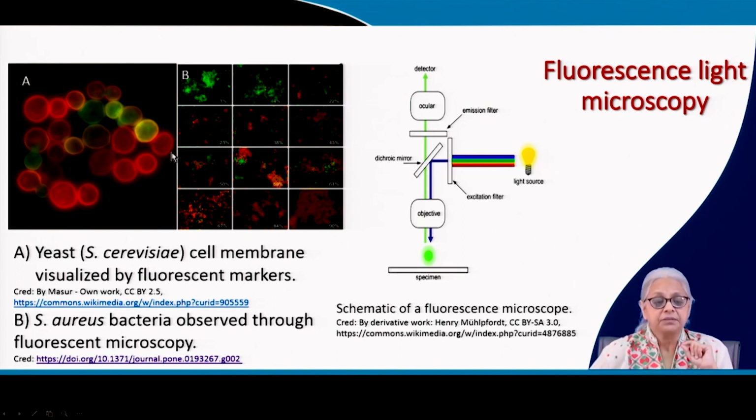In the second case, in B, this is from a particular paper recently published, I think, and this is Staphylococcus aureus that has been observed using fluorescence microscopy and more than one dye. Here you see a series of images taken after the cells have been dyed with 3 different fluorescent dyes, and each one of them will react with the cell membrane.